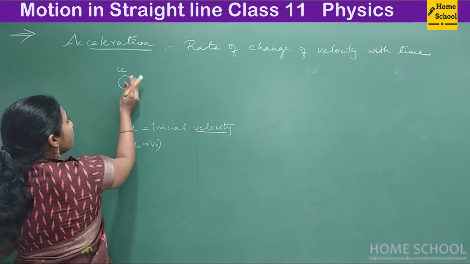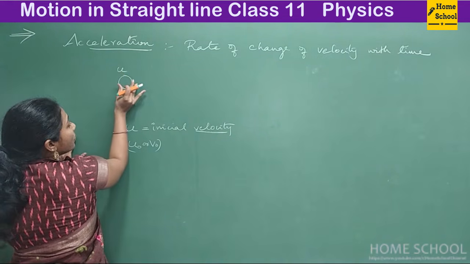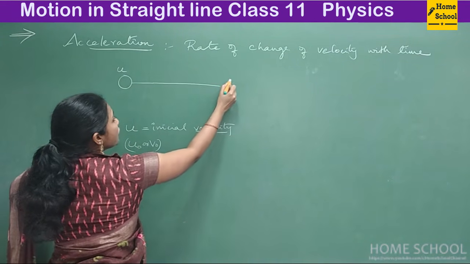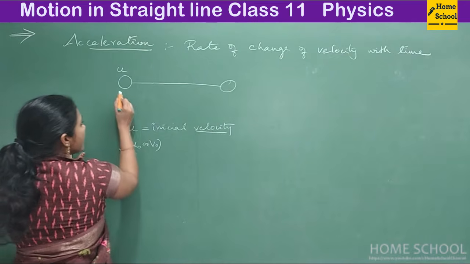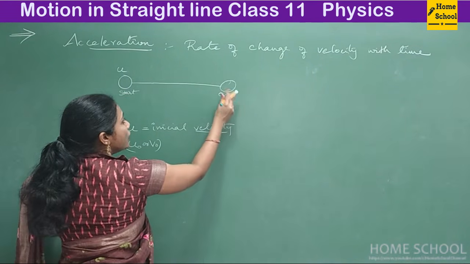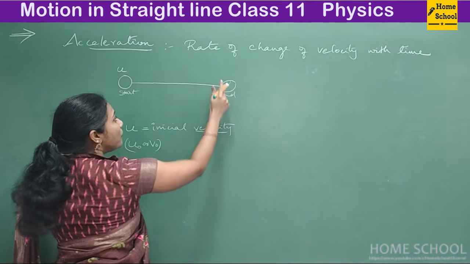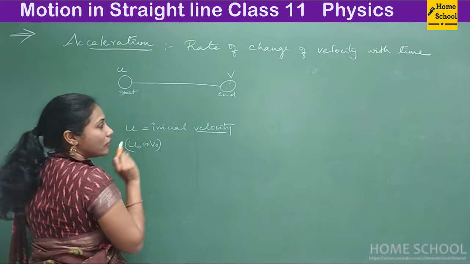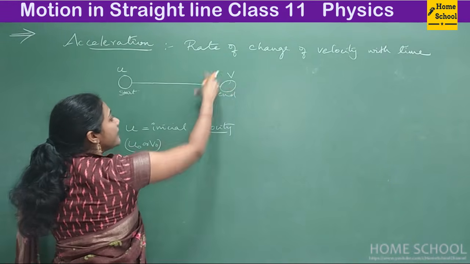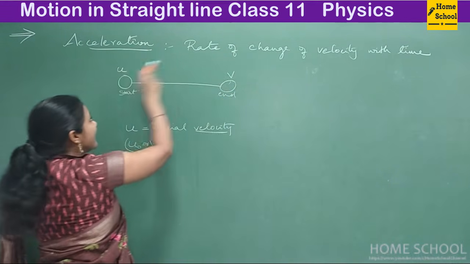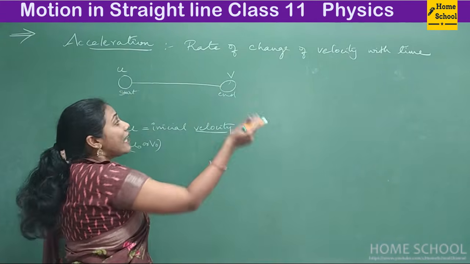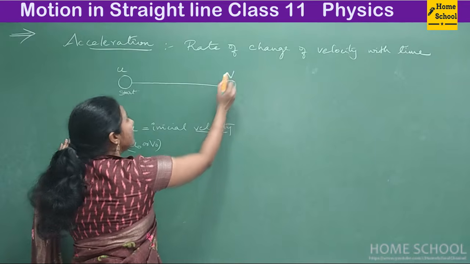Fine. With u, the ball is moving and it is reaching the final point here. So this is the start and this is the end. The moment the ball has reached from this point to this point, the velocity is not the same as u. The velocity has changed. That changed velocity, let it be v.